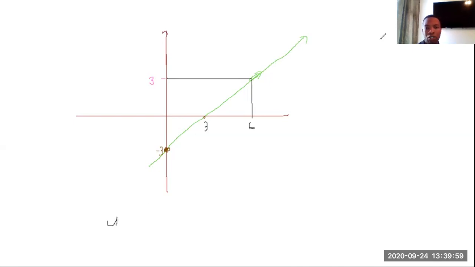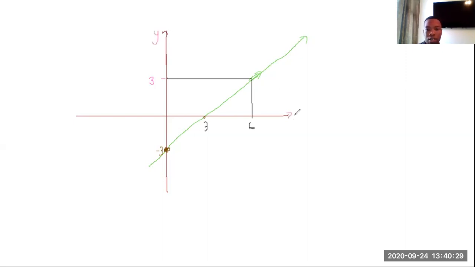The y-intercept. Where does it cross the y-axis? Right here is the y-axis.